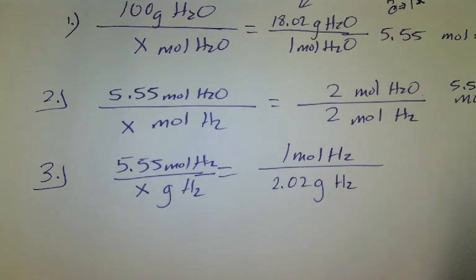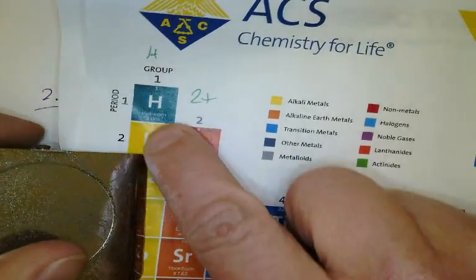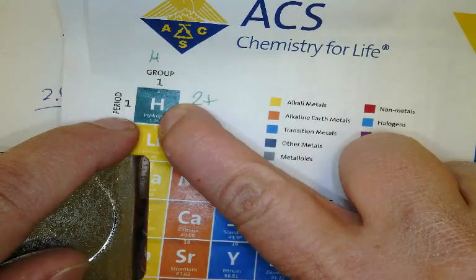Yes? I thought that the molar mass of H2 would be 1.008 times 2. Why is it 1.008 times 2? If you have your sheet, we're going to round to 2 decimal points. We agreed on that. And this is 1.008, so that 8's going to round the 0 to a 1.